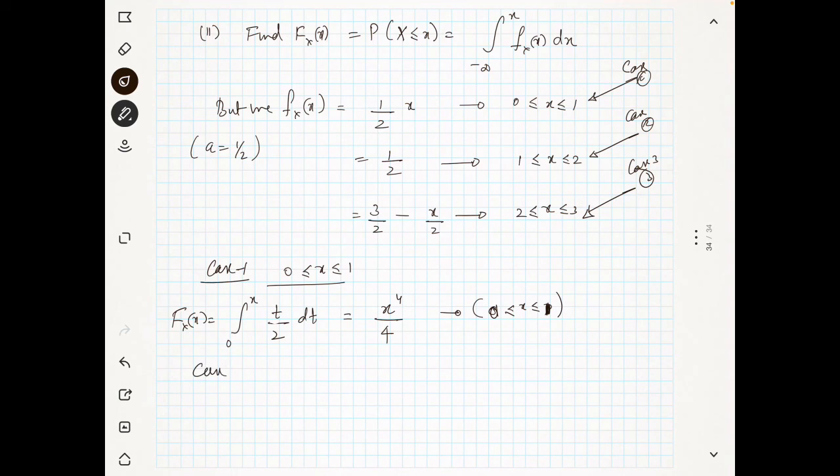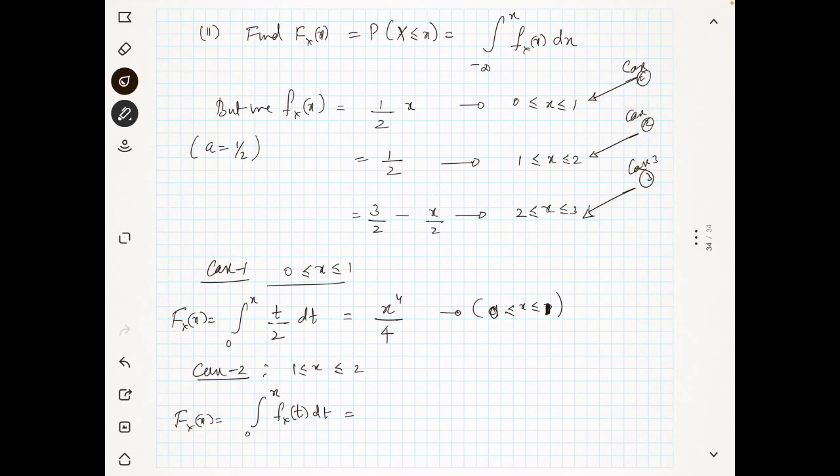Now we have case 2. In case 2, x is between 1 and 2. So F_X(x) is the integral from 0 to x of f_X(t) dt, where you have to use the dummy variable t.